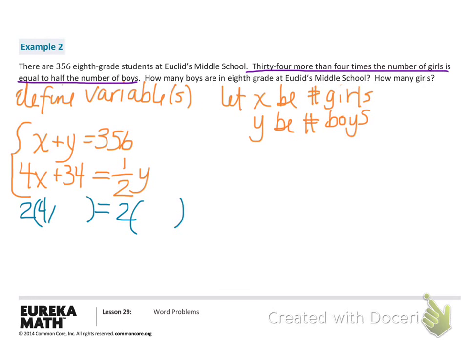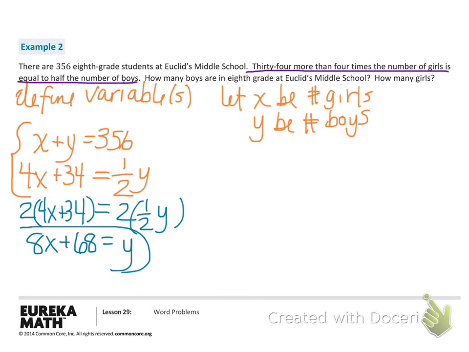So this is 4x plus 34 is equal to 2 times 1/2 y. So this is going to give me 8x plus 2 times 34 would be 68 is equal to y.